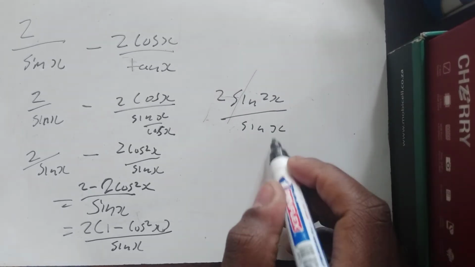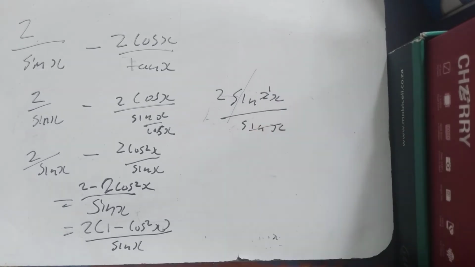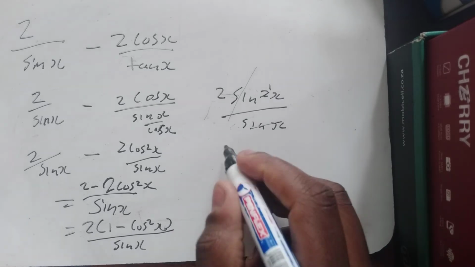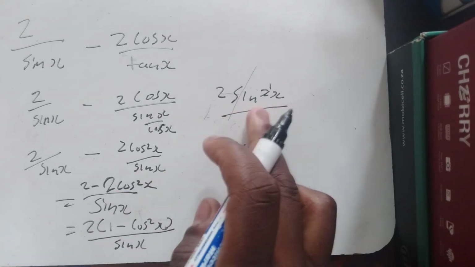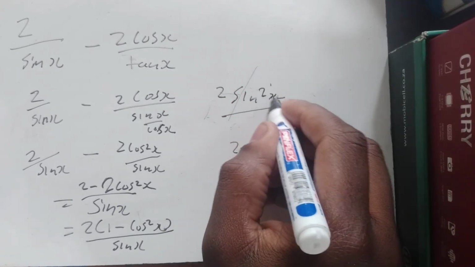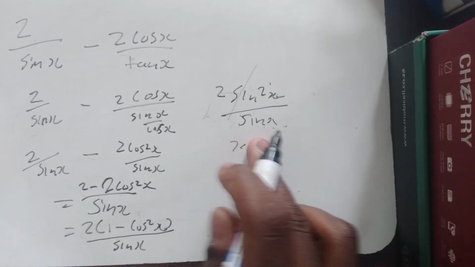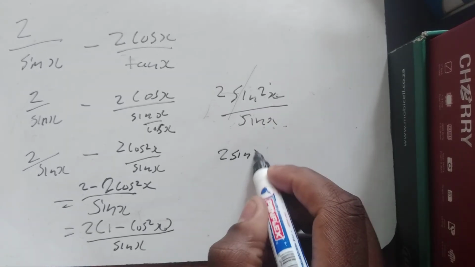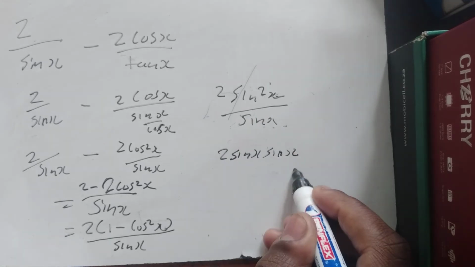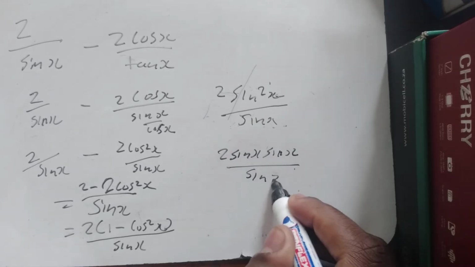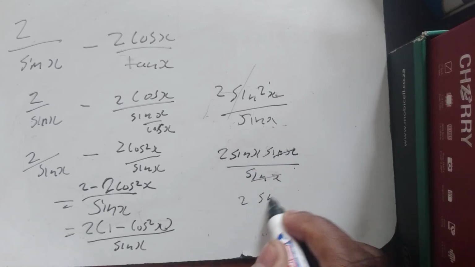Now this cancels with one of them, so what we'll have is 2 sine x. If I explain it even more, here we had sine squared over sine. If I expand this, it's actually 2 sine x sine x, because sine squared is sine times sine, all over sine. You see, this cancels with one of them and it leaves 2 sine x.